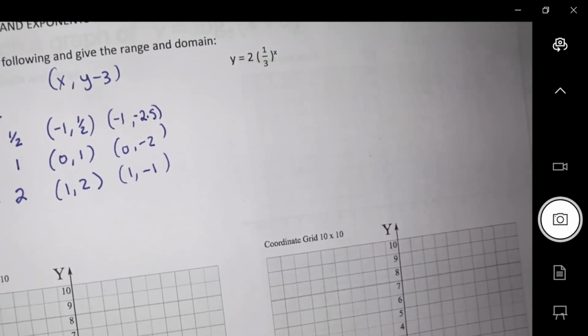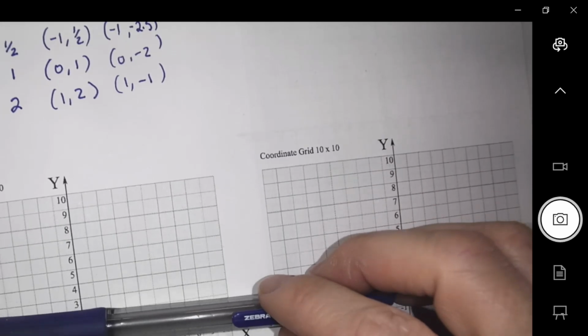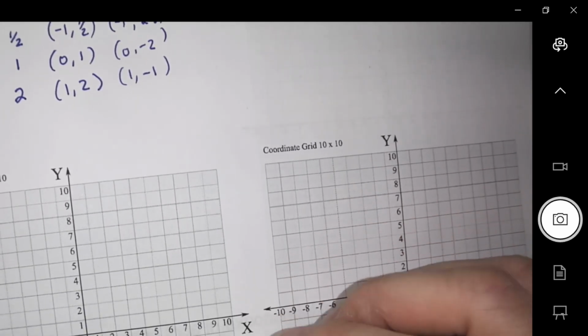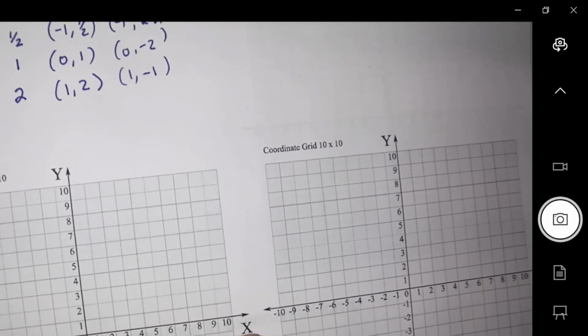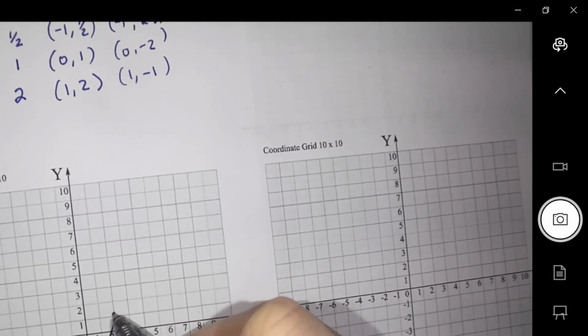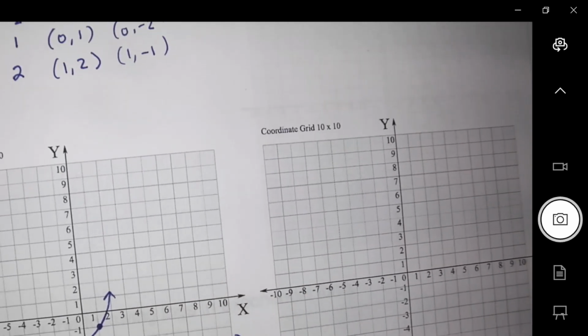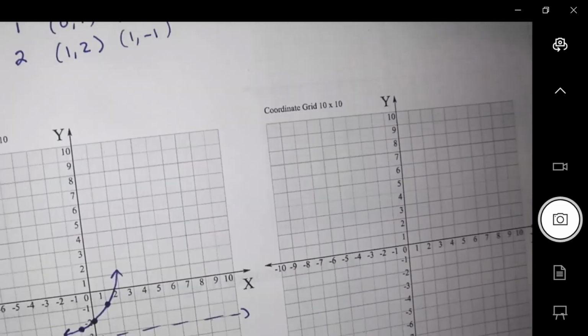Okay, as well, asymptote, where would your asymptote be? It normally is at 0, so it should be at y equals -3. So that's the idea behind there.